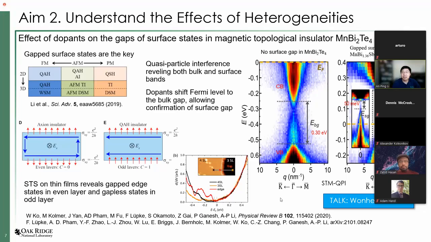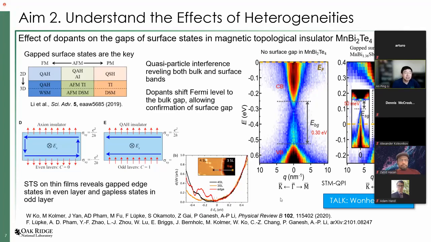By adding dopants to the material, for example, antimony substitution on the bismuth site, we can shift the Fermi level to the gap of the band structure. That way, we can really visualize the surface bands.